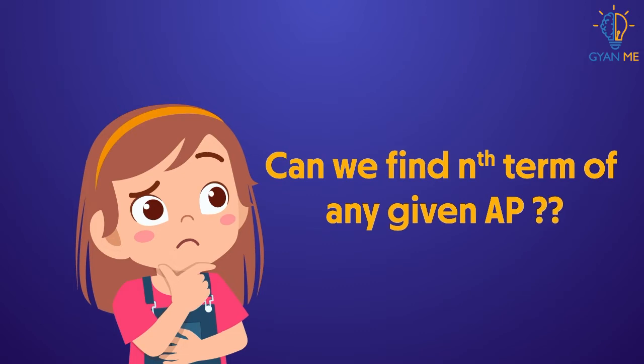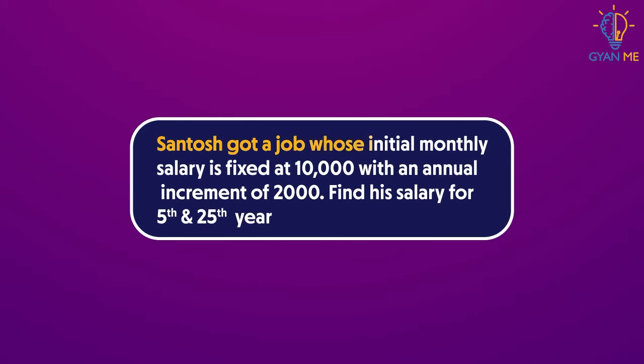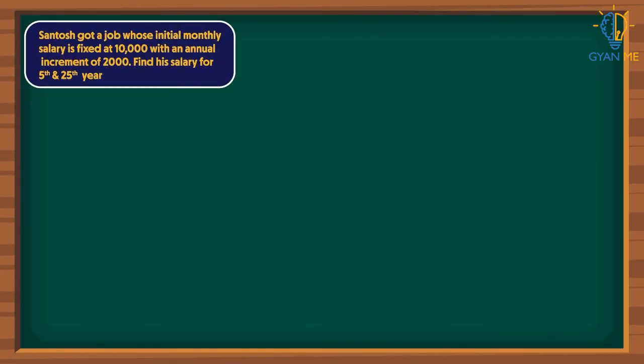Consider the following example. Santosh got a job whose initial monthly salary is fixed at 10,000 with an annual increment of 2,000. Find his salary for 5th and 25th year. To answer this, we start with Santosh's base salary, that is 10,000 rupees, which becomes first term of AP.